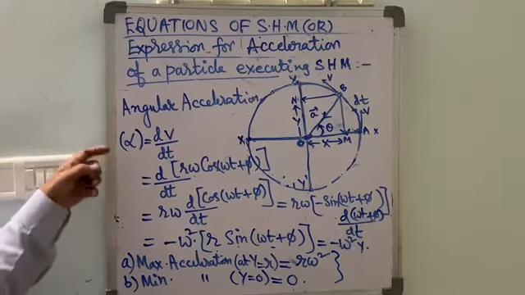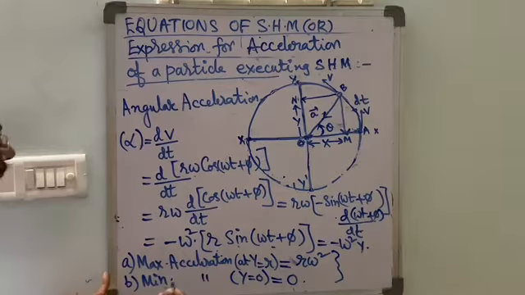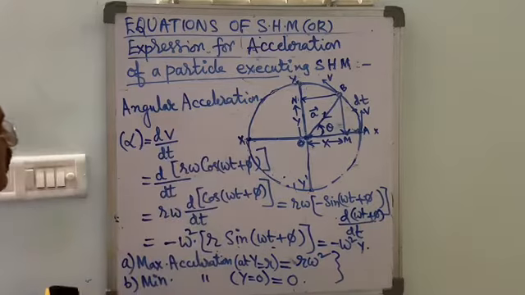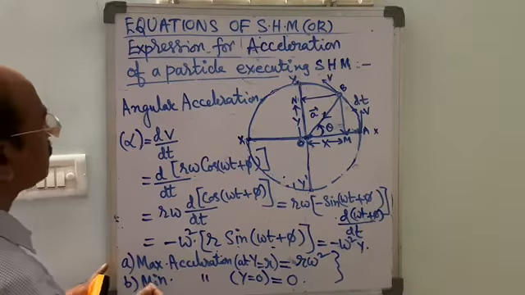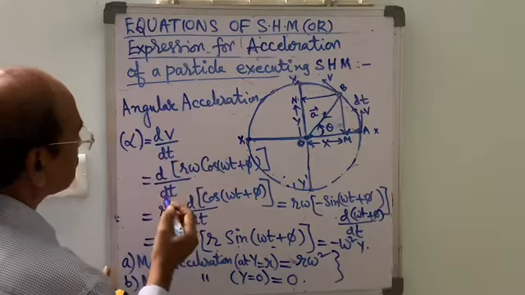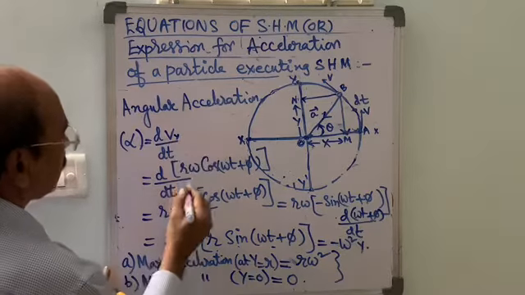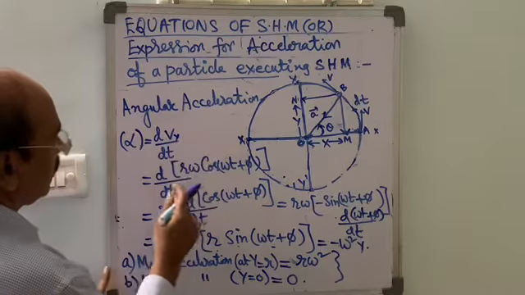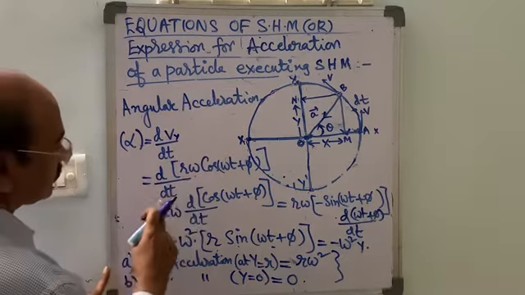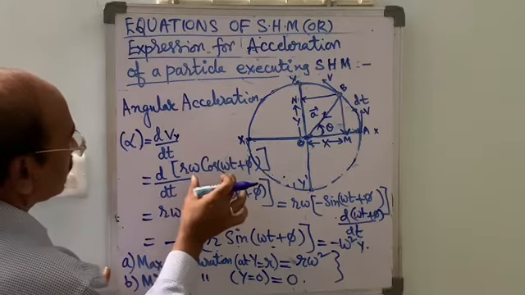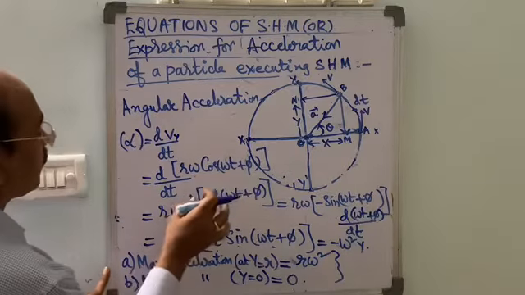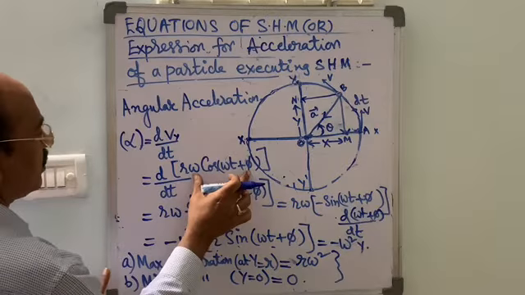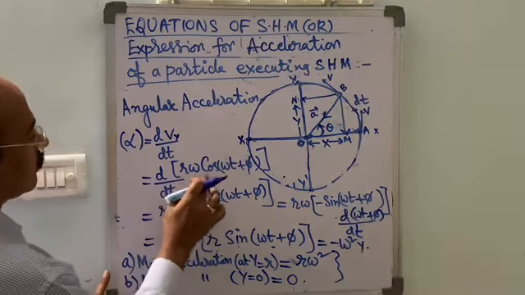These are the expressions for acceleration, which is equal to dv by dt, and we consider y diameter displacements, d by dt into the expression for velocity of the particle executing SHM on y diameter, given by r omega cos omega t.